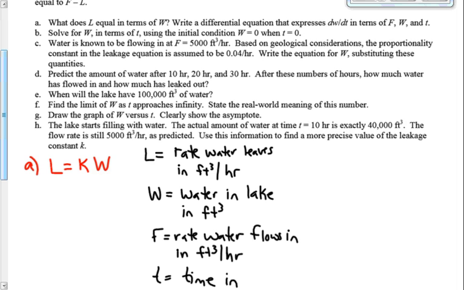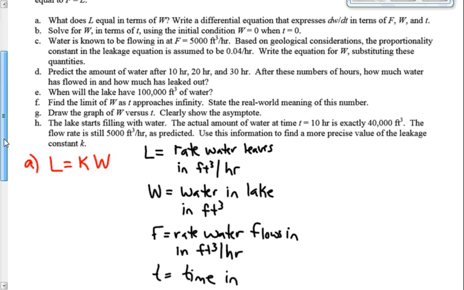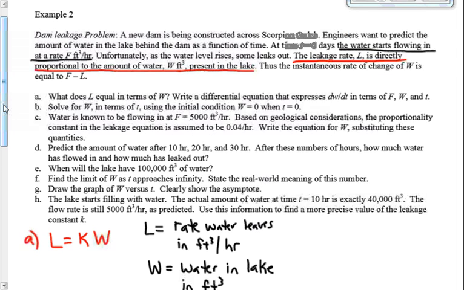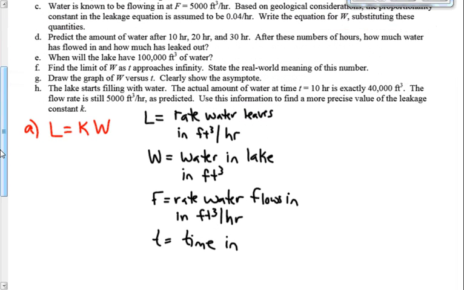Looks to be hours. Hold on, I'm going to scroll up. Oh, time equals 0 days. Well, I think I did this in terms of hours. I will be honest with you, because when I read the rest of the questions, part C has a leakage equation of 0.04 per hour, and in part D, it talks about hours.